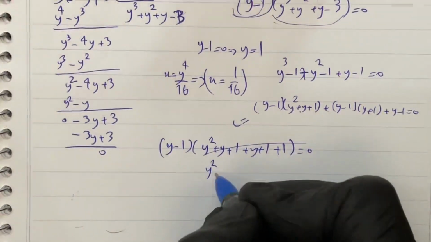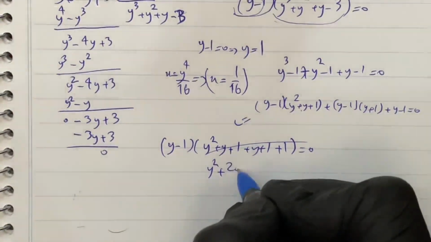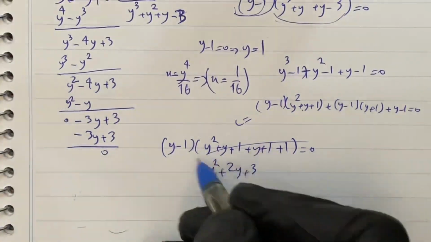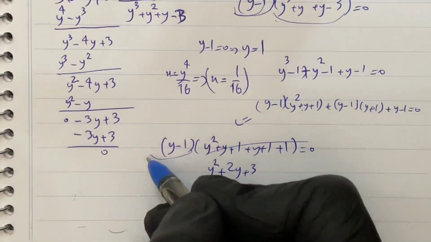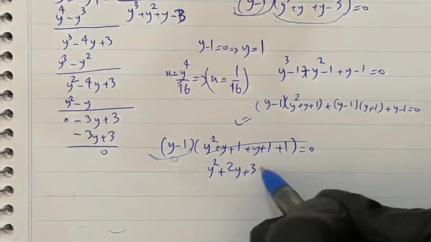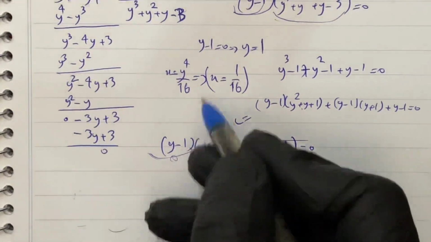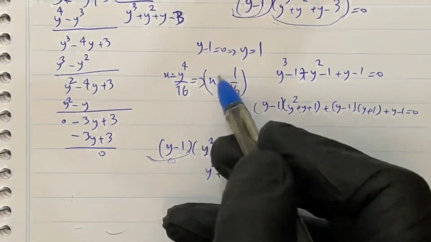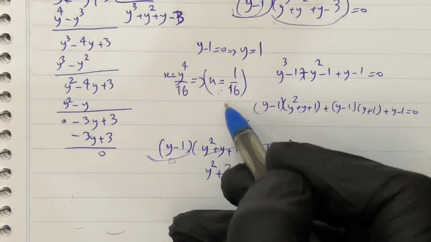This is y^2 plus 2y plus 3. Again, either this should be 0 or this should be 0. In this case, we have checked it, and our one possible answer is x equals 1 over 16.